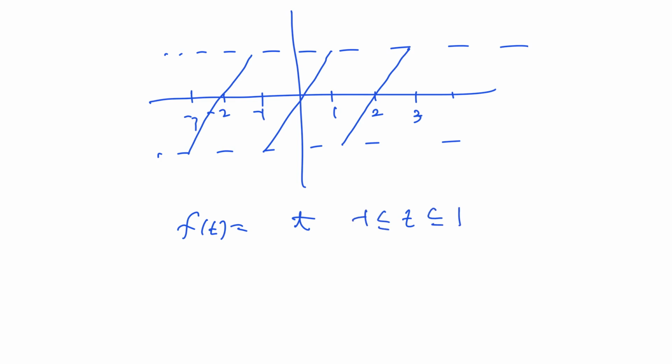And what is the period in this case? Right? So big T is 2.